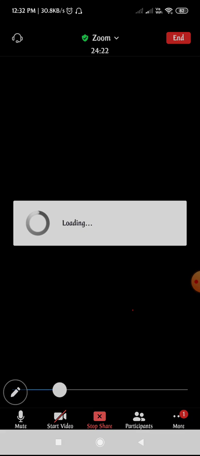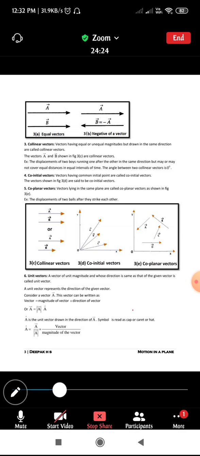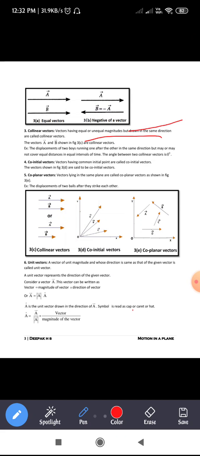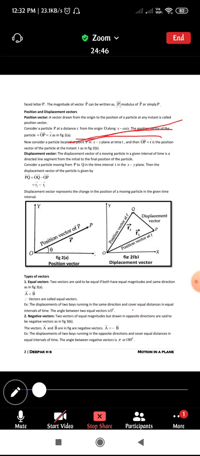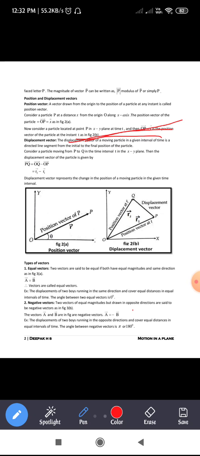Figure 3b represents the negative vectors. As you can see, vector a is directed towards the right, whereas vector b is directed towards the left. Simply, you can write vector b is equal to minus vector a, since both are opposite in direction.